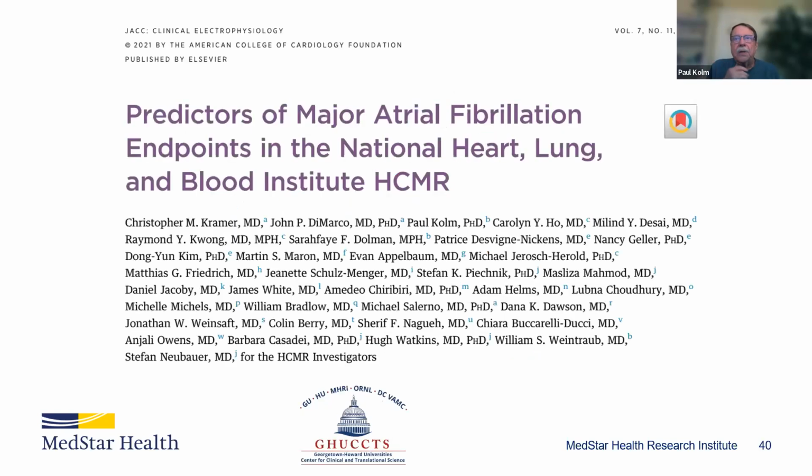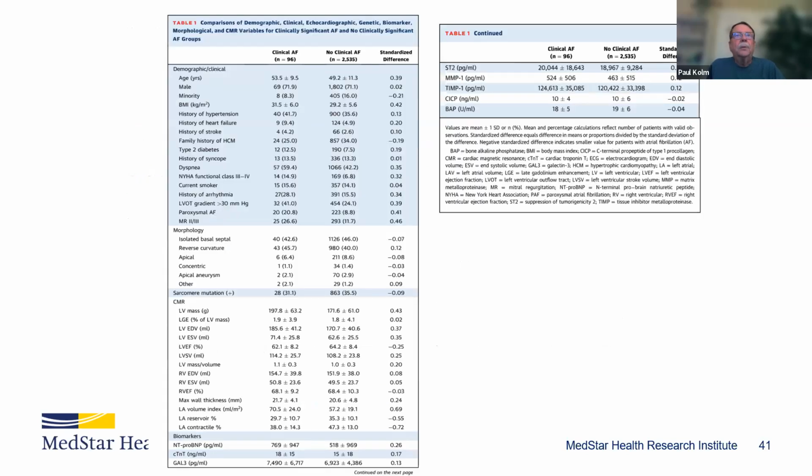I've gone over this study before, so let me just recap it briefly. It was about predicting atrial fibrillation in patients with hypertrophic cardiomyopathy. We have, I think it was, 46 variables.